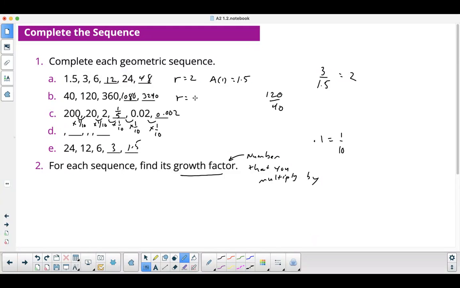I'll just call it R. Growth factor, same thing. 3, 1/10, or 0.1. D, I'm going to skip because it didn't come out right. And this is 1/2. Your first term, A1, is 40. Your first term here is 200. And your first term, it doesn't tell us to do this, but I'm just doing it to get you used to it, is 24.